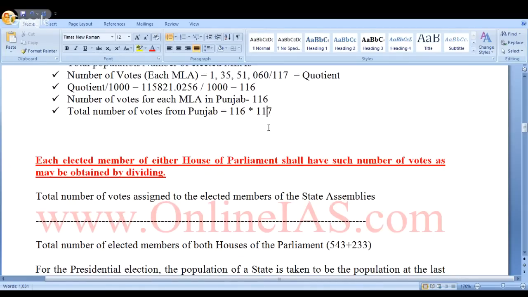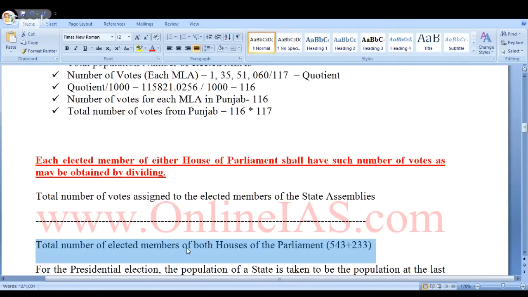You got the value of all the MLAs in the country from all the states and Delhi and Pondicherry. You club this, and that will become the total number of votes assigned to the elected members of the state assemblies. And that you have to divide by the total number of elected members of both houses of the Parliament.